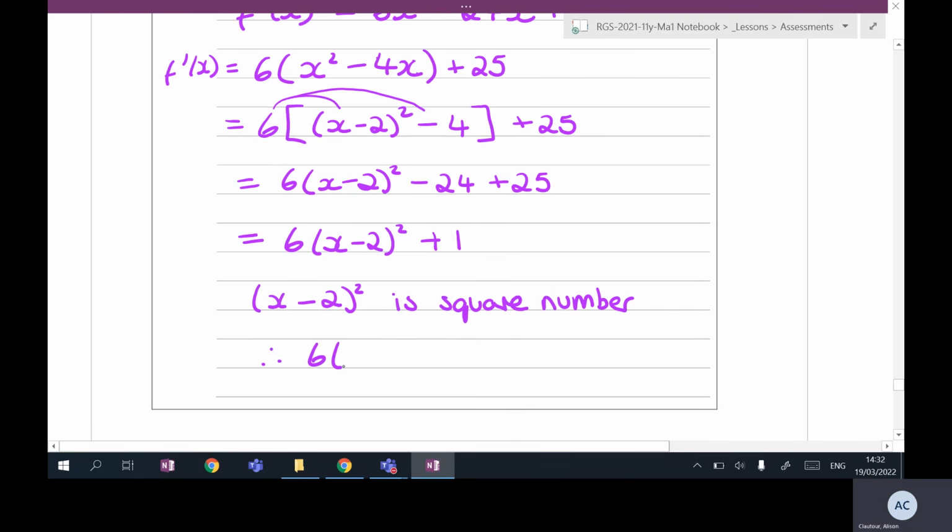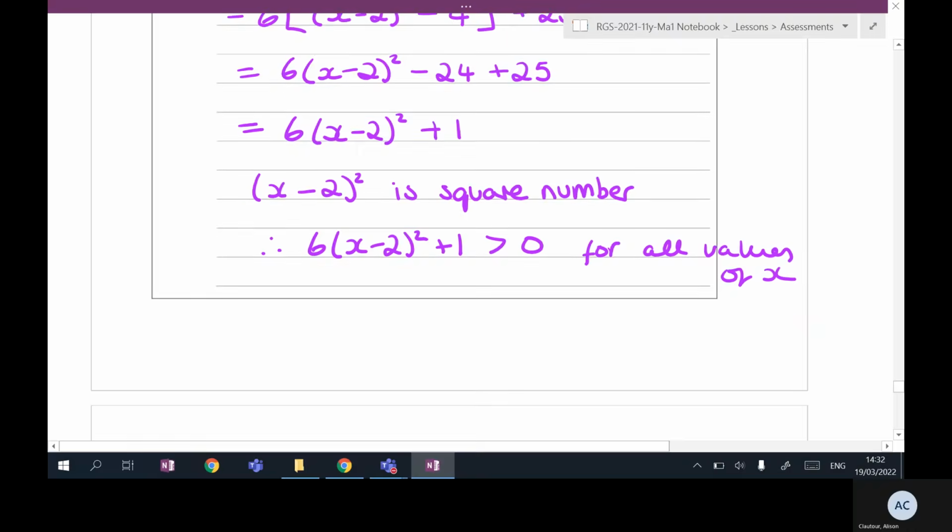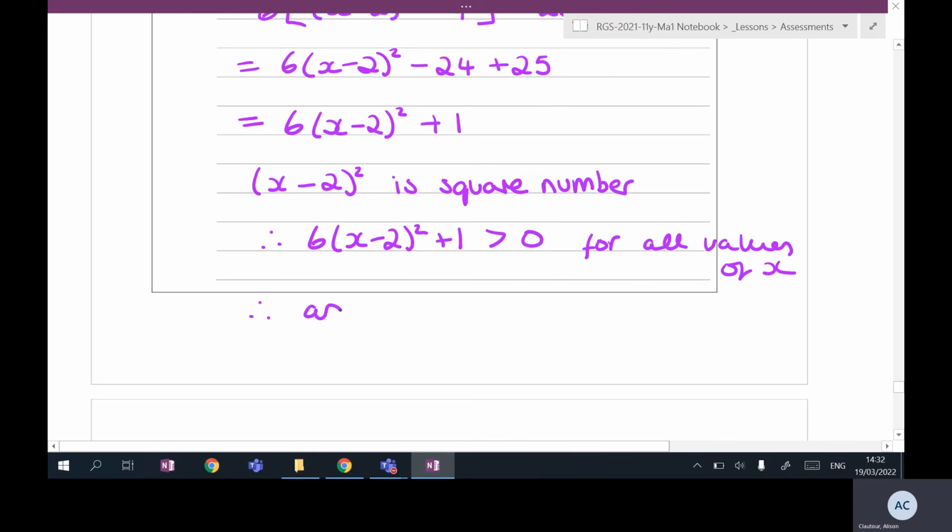So therefore 6(x minus 2) squared plus 1 is always bigger than 0 for all values of x. Therefore, as the derivative is always bigger than 0, it is an increasing function. So think what that means. It means the gradient is always positive.